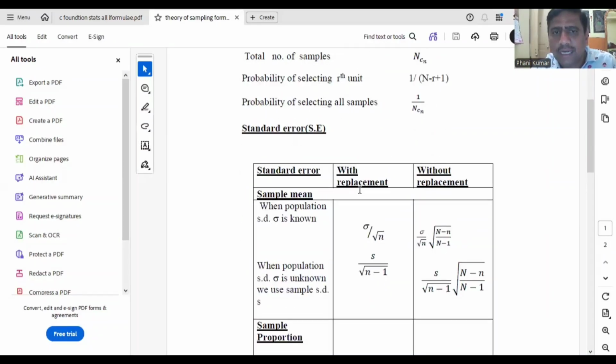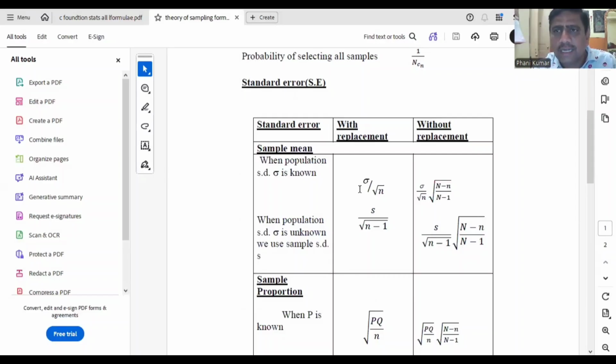And now coming to standard error formulas. Standard error is nothing but the standard deviation of the sampling distribution. For the standard error of the sample mean, when population SD sigma is known, the formula with replacement is sigma by root n, and without replacement it is sigma by root n into root of (N minus n) by (N minus 1).